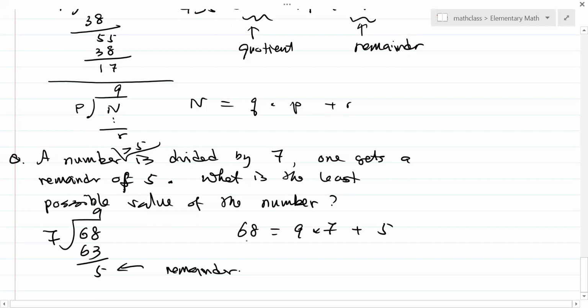So it meets the requirement, but that does not mean 68 is the smallest number. So how do you find the smallest such number?